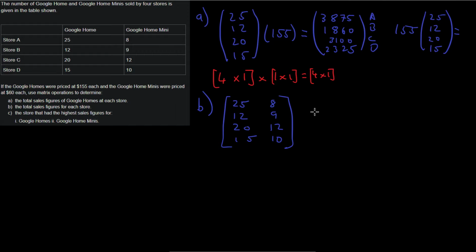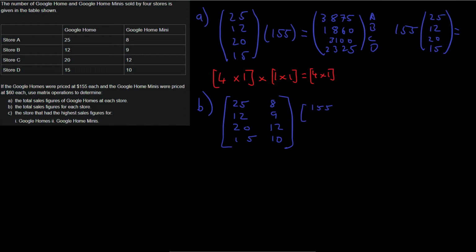The price of Google Homes, that's our first column. So the first value that we want to put in this is going to be 155, and the next one is going to be 60. But the question is, do I make this a vertical or a horizontal matrix? Is it like this, 155 and 60, or is it like this, 155 then 60 going vertically?